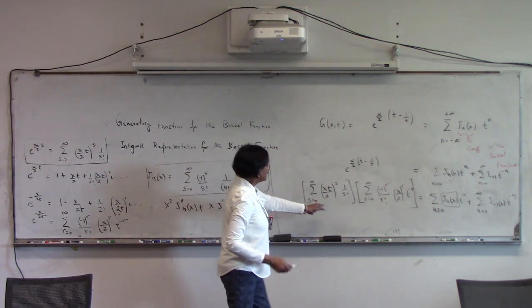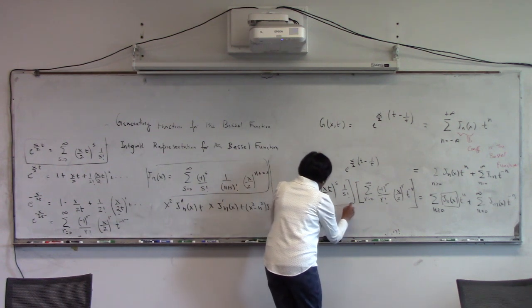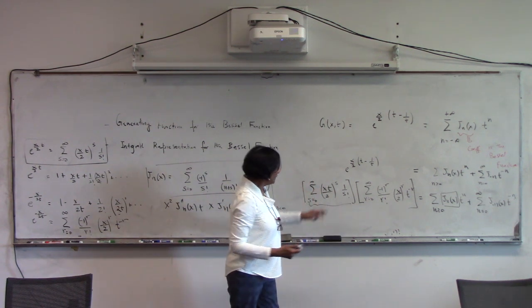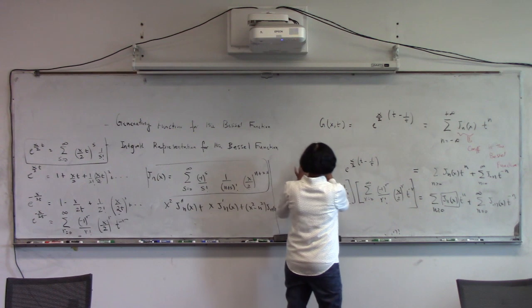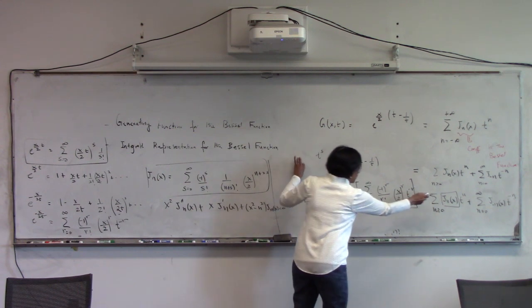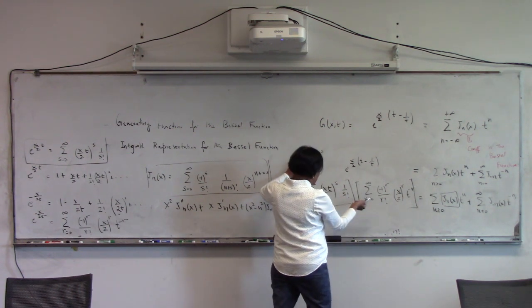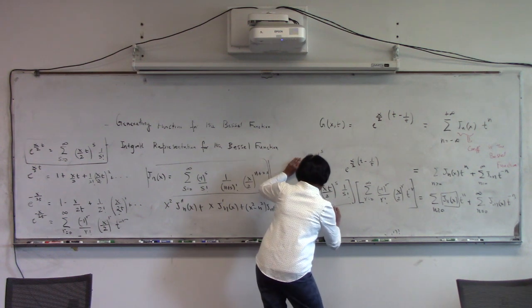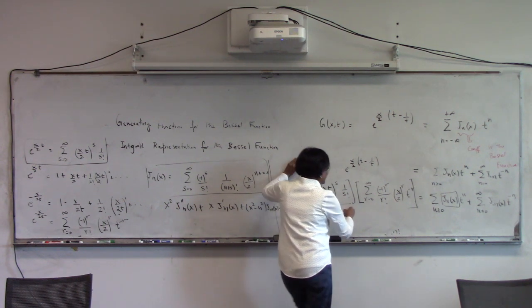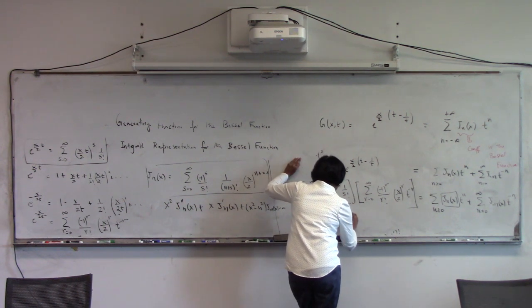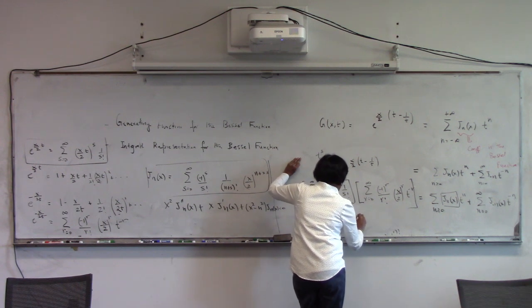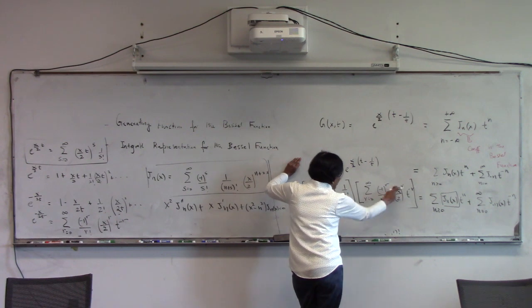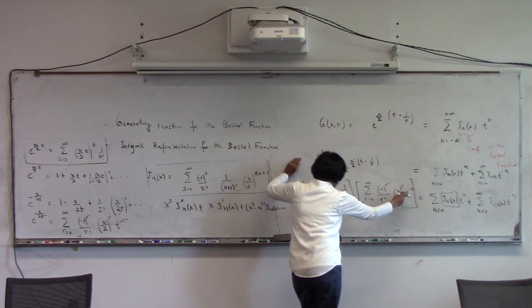I need to get one term out of this infinite series and have the power such that it is t to the power of n, right? That's all I'm trying to do. The way to get it is, if this is an infinite series, can I have a term s equal to r plus n? Okay, so that will give me, and that will cancel with this minus r, t to the power of minus r.